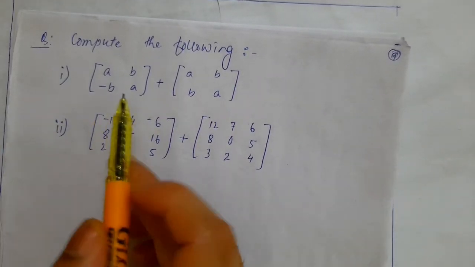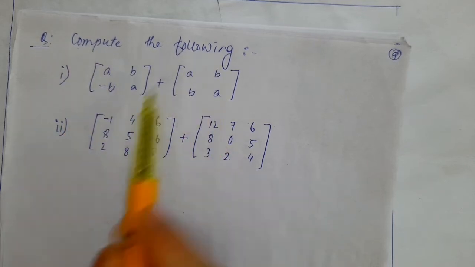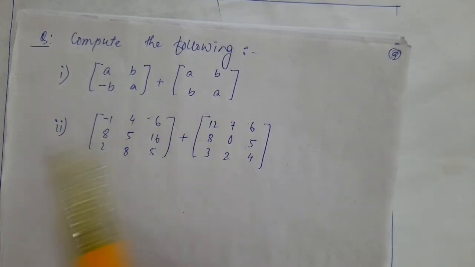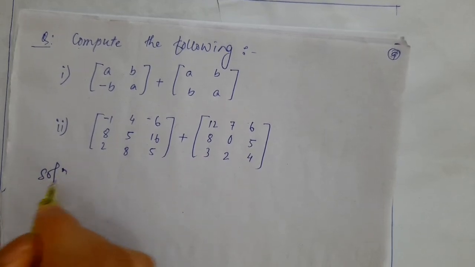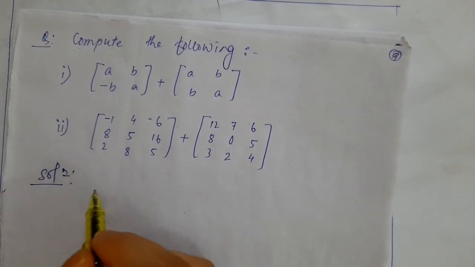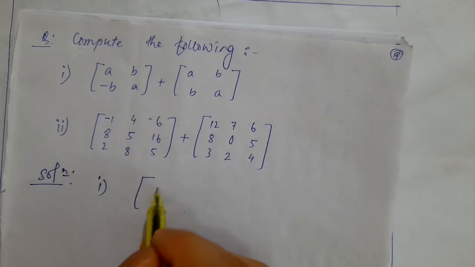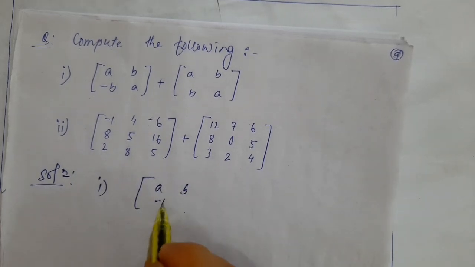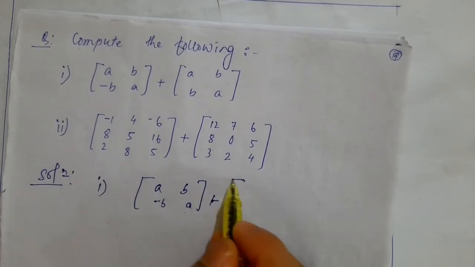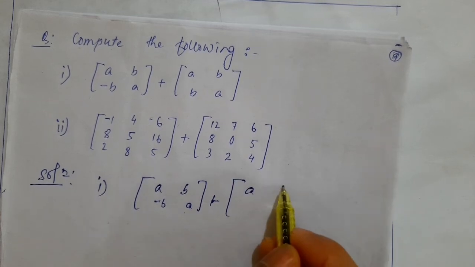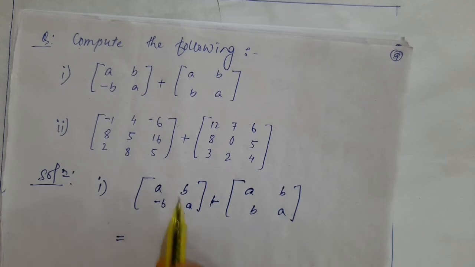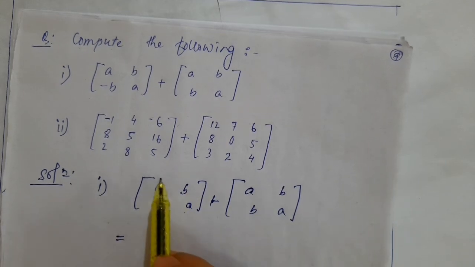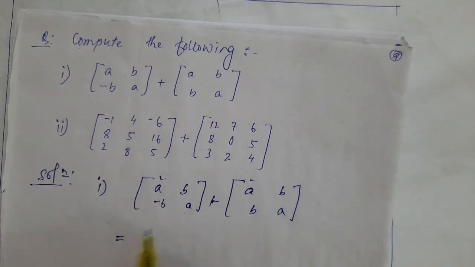Okay, now we will do other questions on computing the addition of matrices. Easier ones, not the tough ones. First one, how we can solve A B minus B A plus A B and B A. We have to add the corresponding elements. This is the first element, this is the first element.